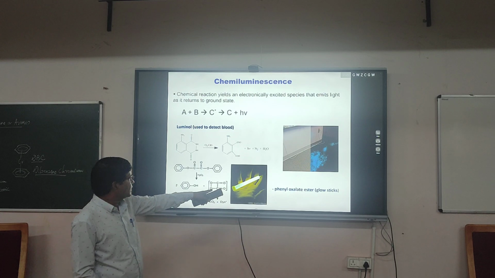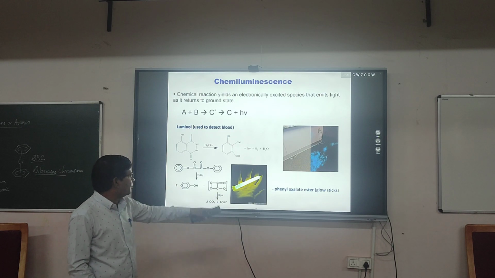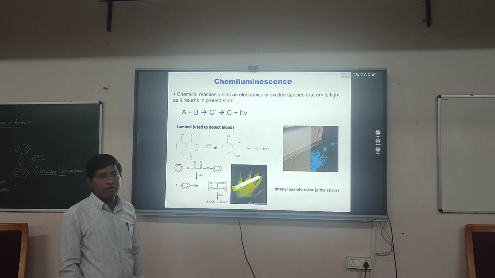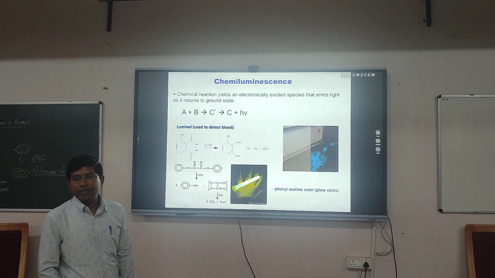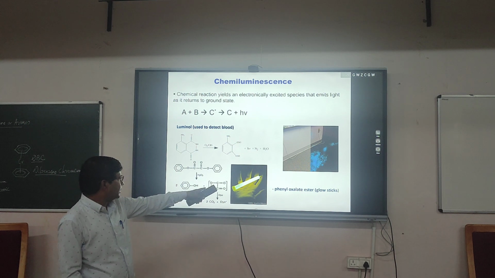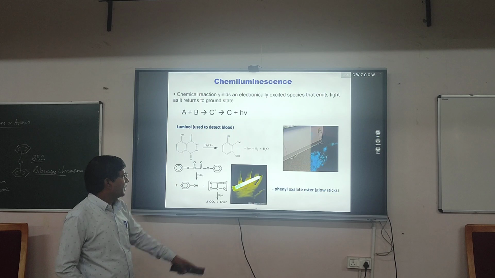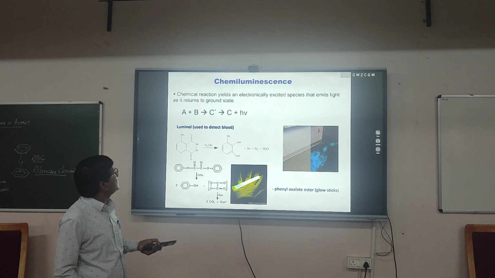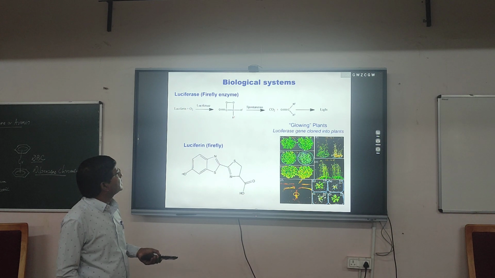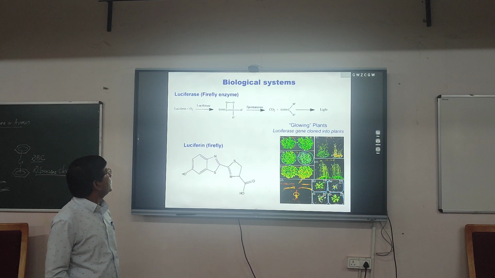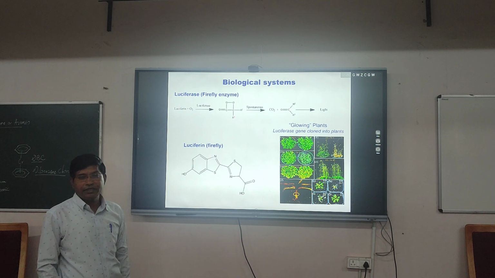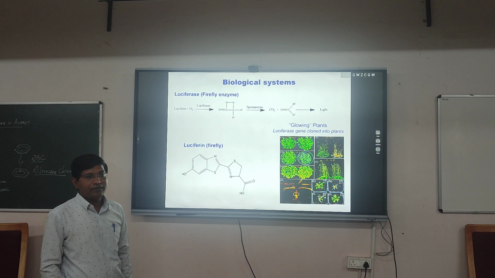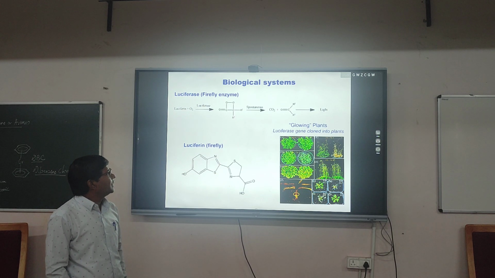This type of compound can be injected into some animal model. If you want to study some animals or some disease, then the disease part will give the luminescence process like that. So this is the use of this compound. And we have a biological system, like I told about luciferase, which is present in the firefly insect.